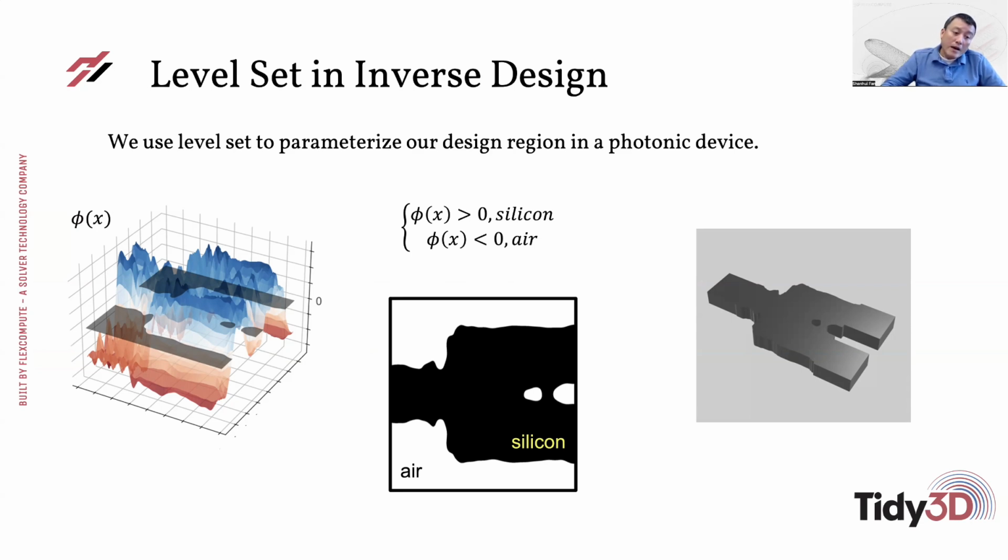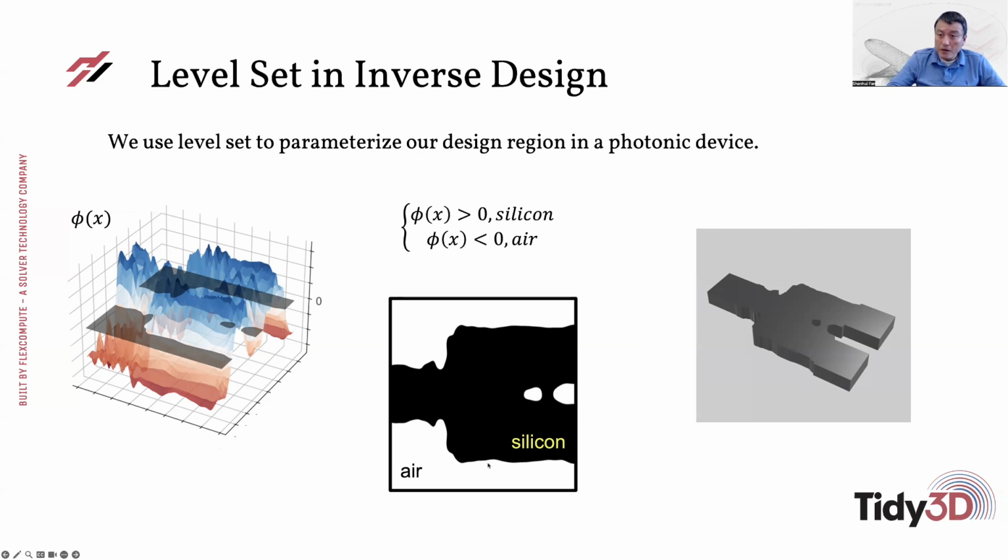And you say, whenever this function is above 0, I'm going to set the dielectric function or the permittivity to that of silicon, and if it's below 0, then I set it to be air.